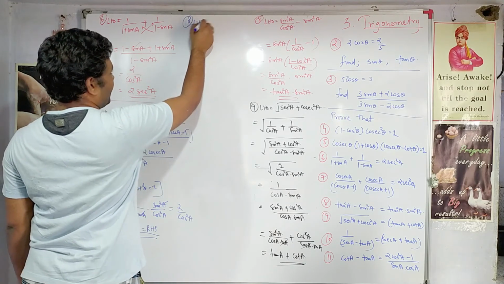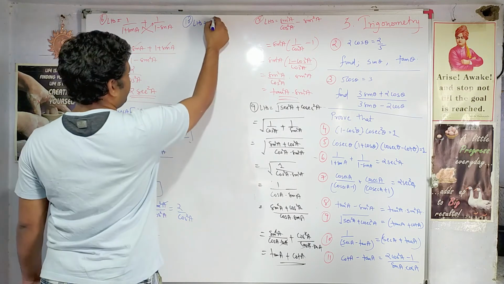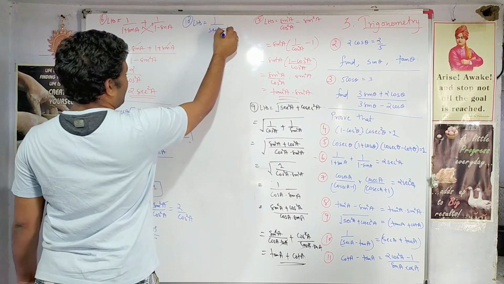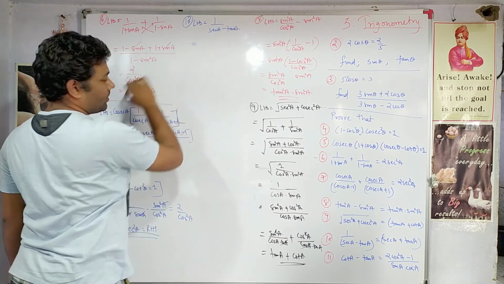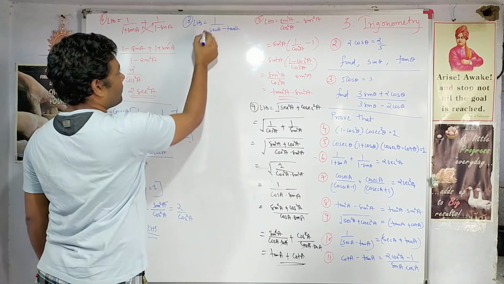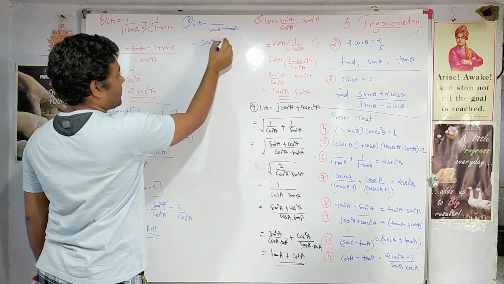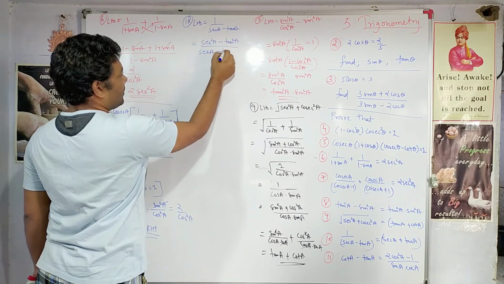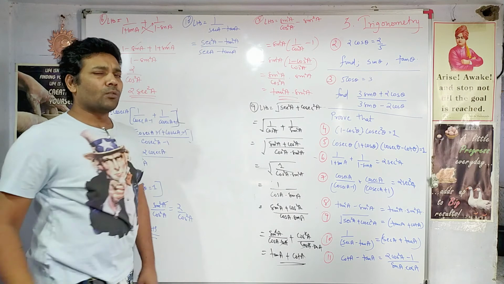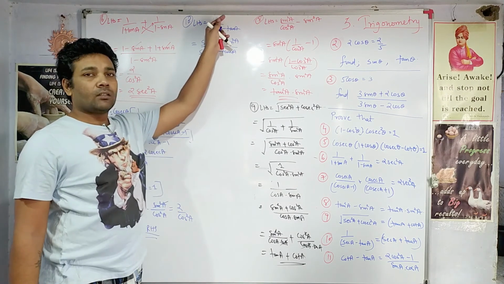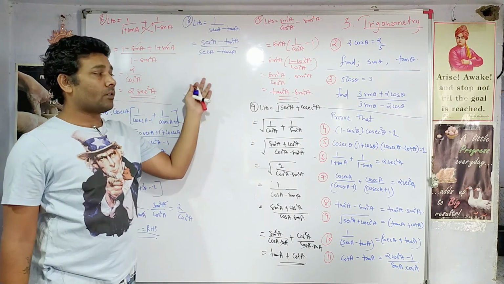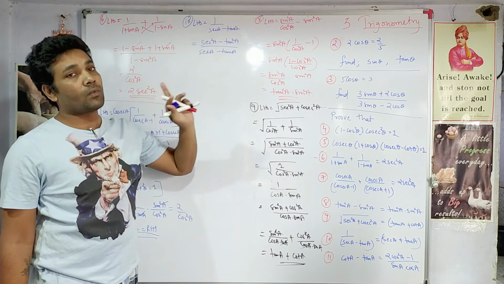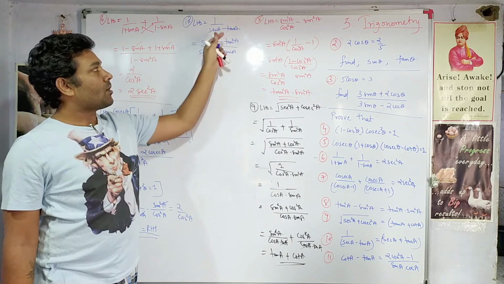So again selecting the left hand side of the equation, sec a minus tan a. So here this one is very simple to solve. 1, it can be written as sec square a minus tan square a. Wherever you see 1, right, you can replace that 1 with a square relation, because you know all the 3 square relations are in terms of 1. So you can replace 1 in terms of square relation.